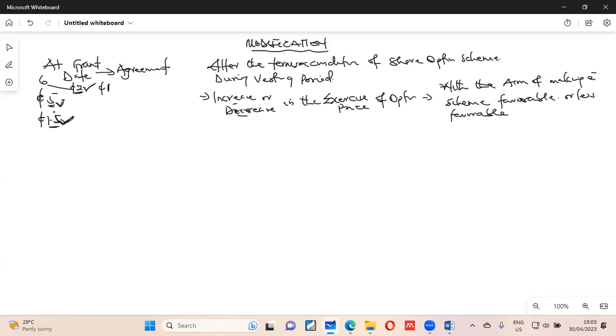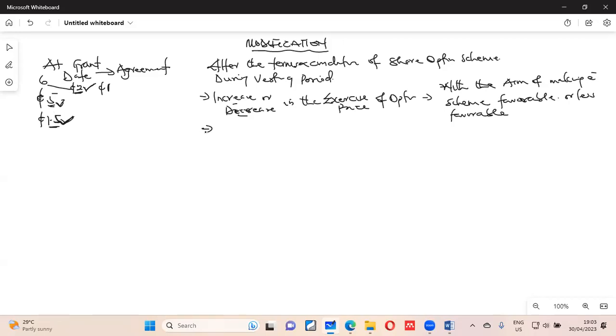Okay. So what we are saying is a change in the vesting conditions to make it more likely or less likely for the people to vest it. So that is all that we mean. So one is change in the exercise price. The other, we are talking about change in the vesting conditions.